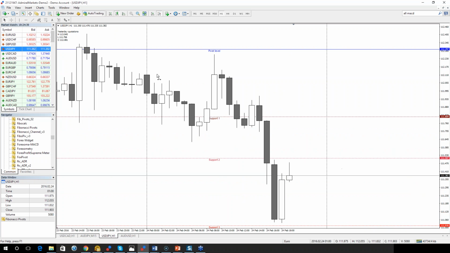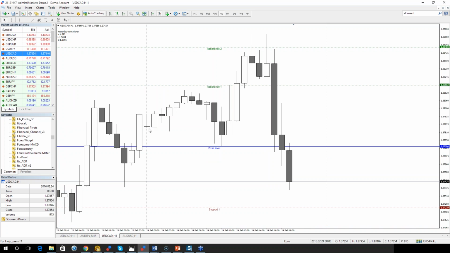Dollar yen, okay, here the price opened below pivot point, it went to support, then to the pivot point level, retested the pivot point level, and went straight to the upside. Also dollar CAD, you see the price opened above pivot point, it went to resistance 1, it retested pivot point level, and actually went to resistance 2.